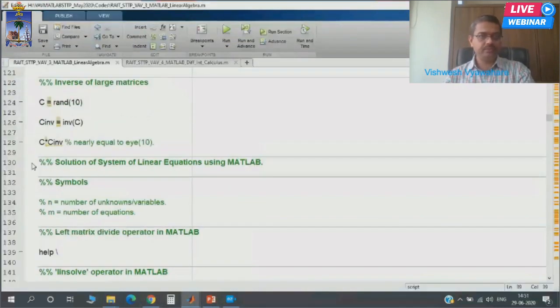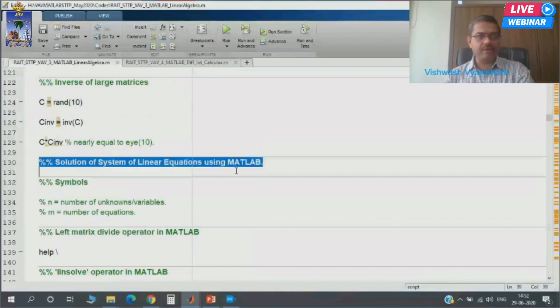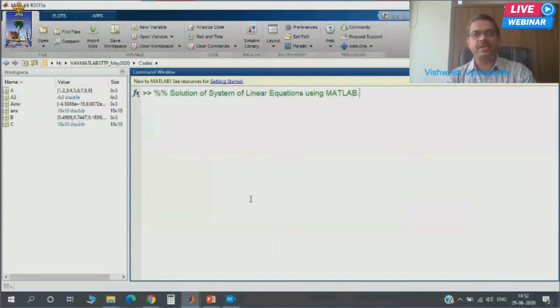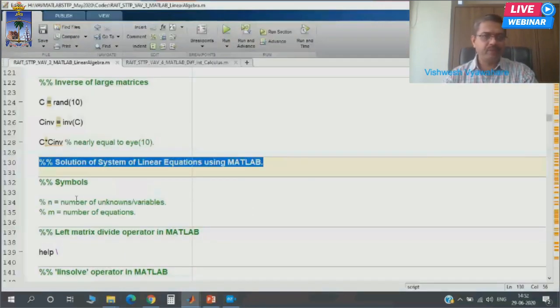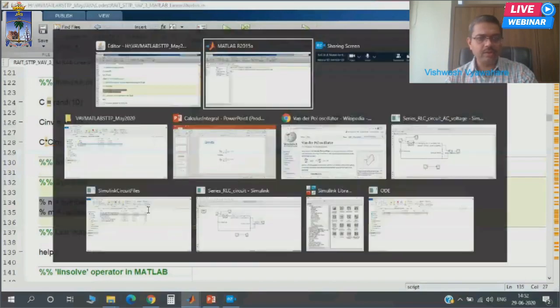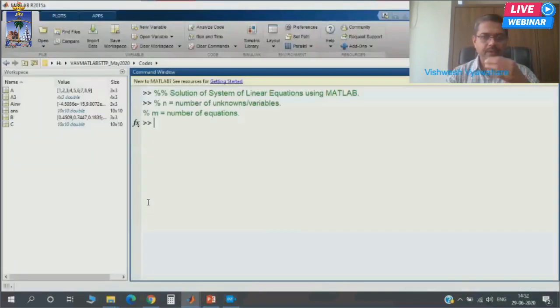Now, solution of a system of linear equations using MATLAB. The most important thing, solution of a system of linear equations using MATLAB. There are some symbols that we are going to use.